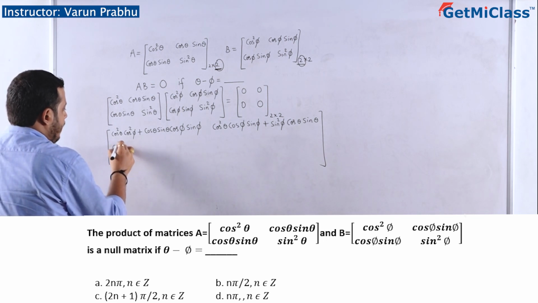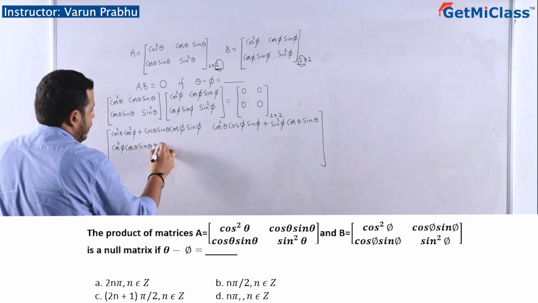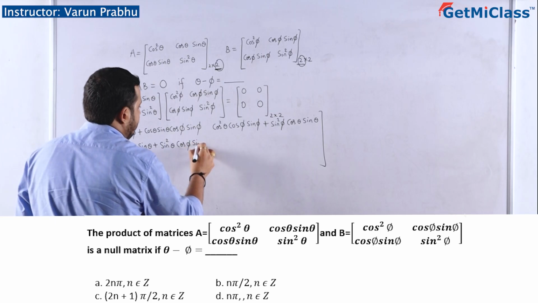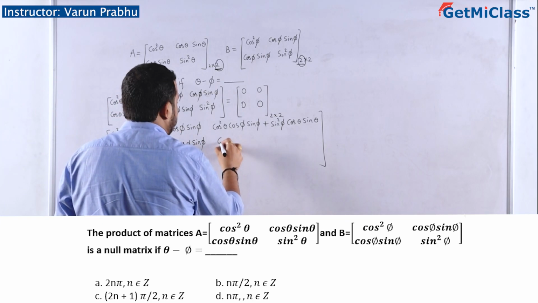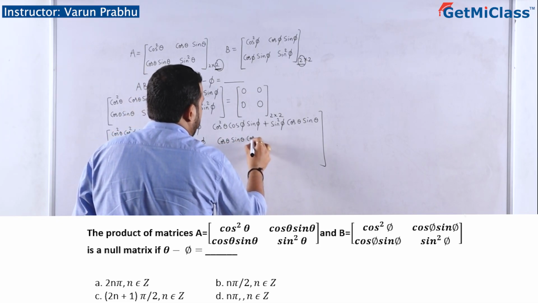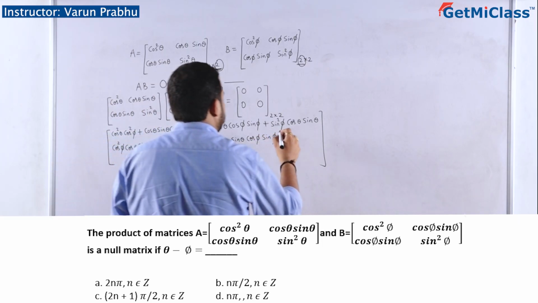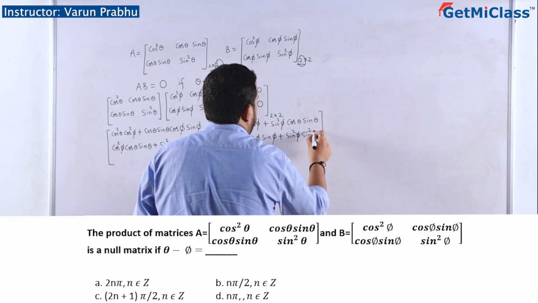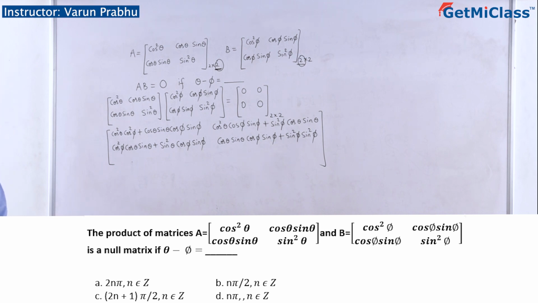Similarly, cos squared phi cos theta sin theta plus sin squared theta into cos phi sin phi, and cos theta sin theta into cos phi sin phi plus sin squared theta sin squared phi.